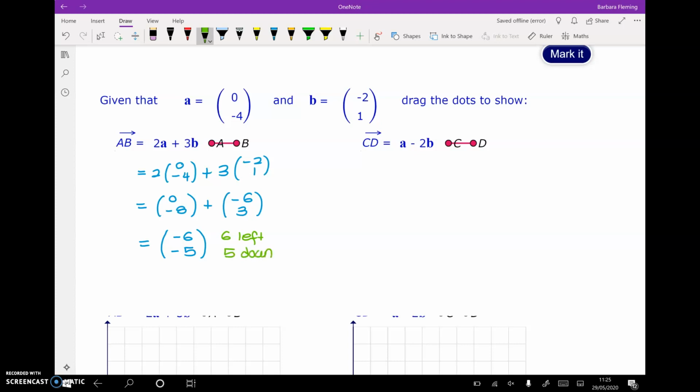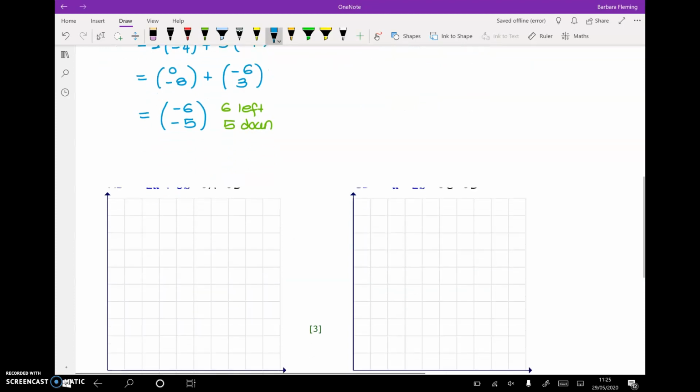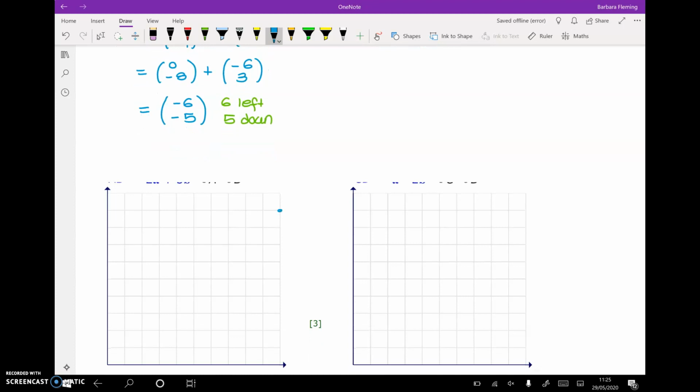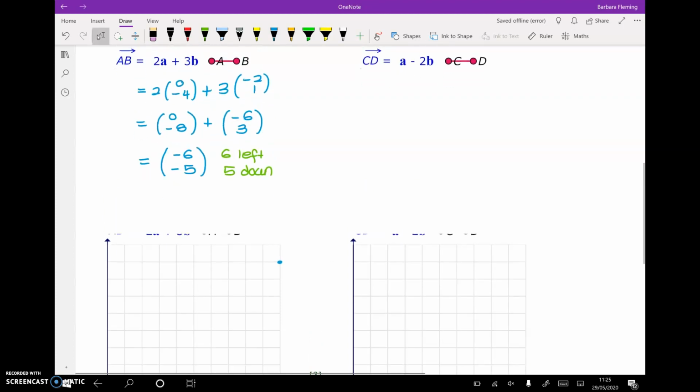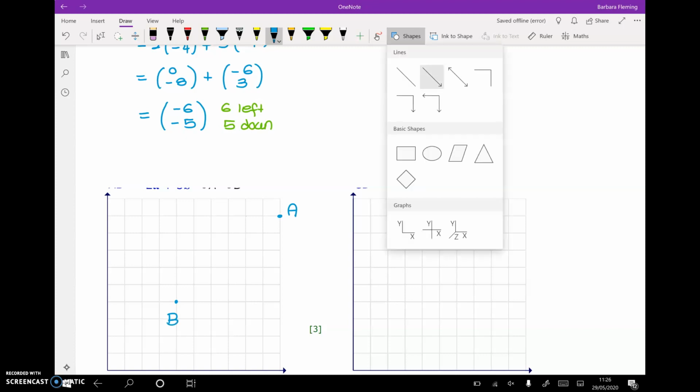So we just need to get our starting point right here. So let's pop our A nice and far across. There it is, because it was A. So we're going 6 left: 1, 2, 3, 4, 5, 6, and 5 down: 1, 2, 3, 4, 5, and I can put my little dot there for my B. And you'll have dragged and dropped.